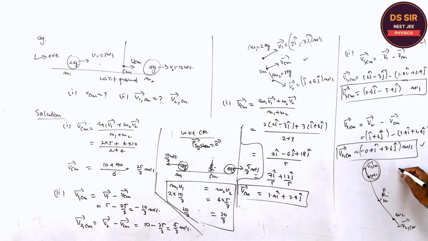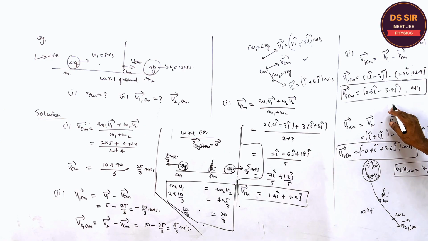If you multiply, m1 v1 comma center of mass must be equal and in opposite direction to m2 v2 comma cm. You can verify this, always, because you are sitting in the center of mass frame of reference.